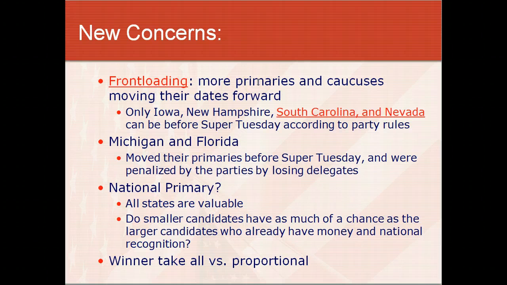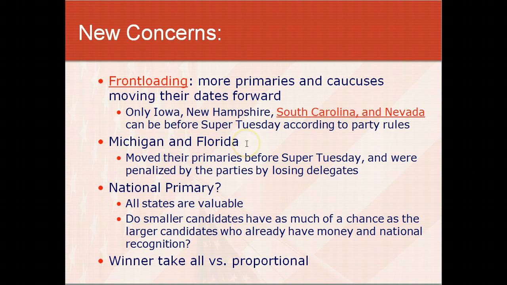Some things that have come up, though, is that many more states have been wanting to get the attention of the candidates early on. So they're trying to move their primaries and caucuses earlier. That's called front loading. But according to party rules, only Iowa, New Hampshire, South Carolina, and Nevada can come before Super Tuesday.